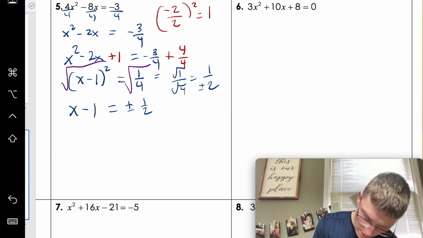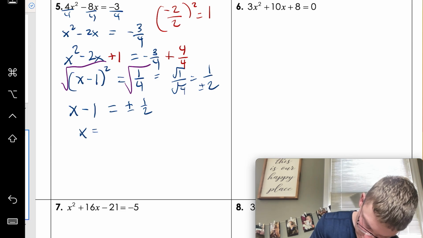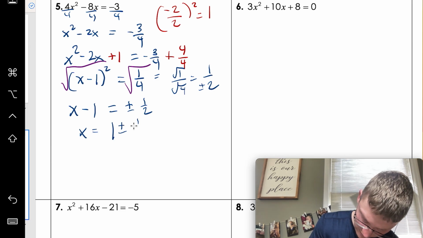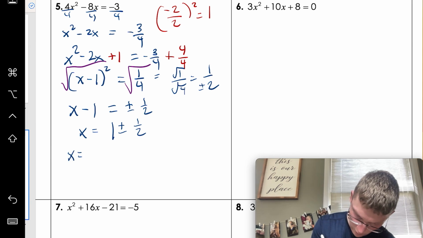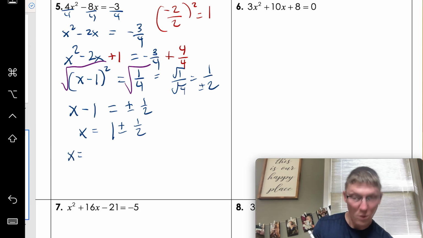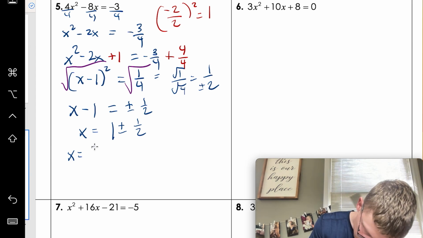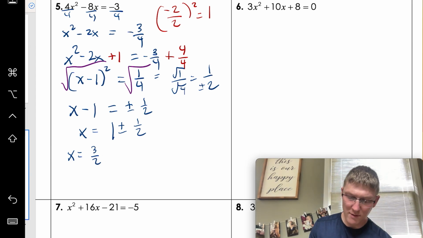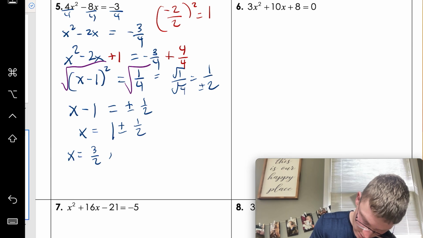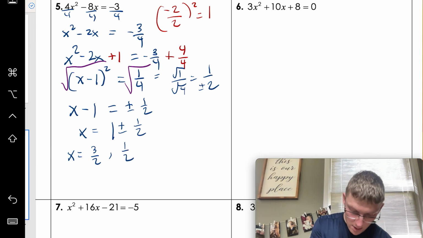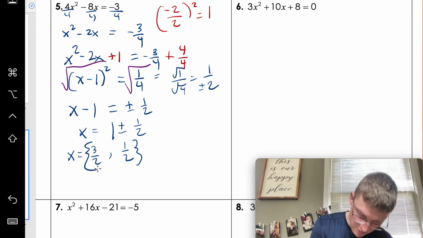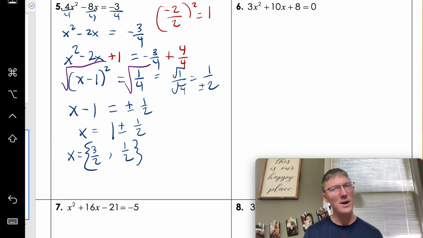So we're going to move the 1 over to the other side. We have x equals 1 plus or minus 1/2. X equals 1 plus 1/2, or 3/2. And then we have 1 minus 1/2, which equals 1/2. And we can do our little set notation. Woo! See, fractions aren't that bad, right?